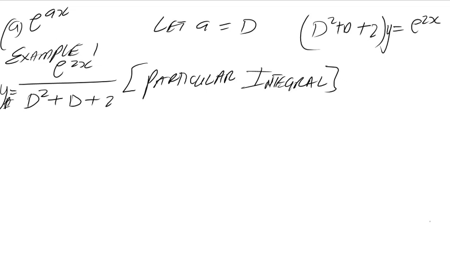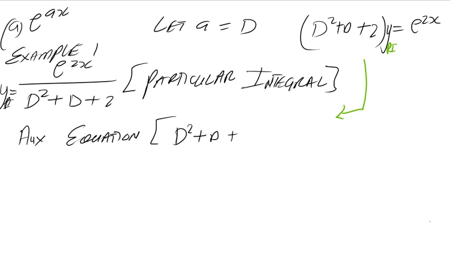This is an equation, and in this equation you're going to have to find the general solution, meaning you have to find the auxiliary equation. If they ask you to find the general solution, you start by doing the auxiliary equation, taking D squared plus D plus 2.